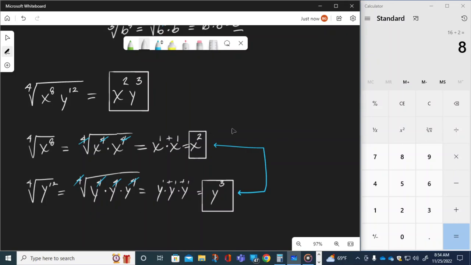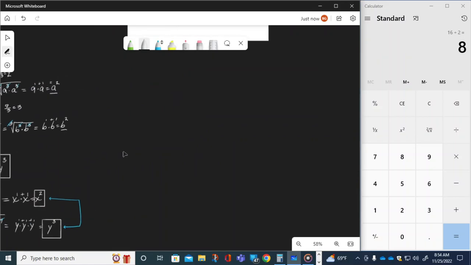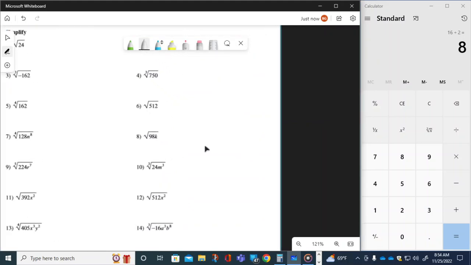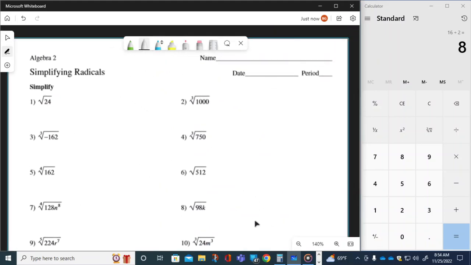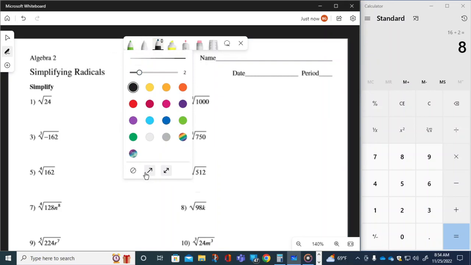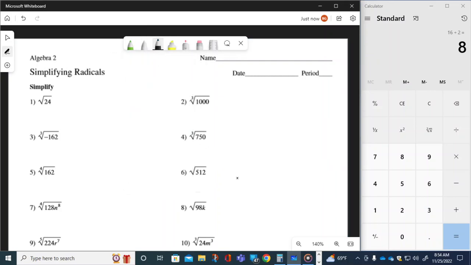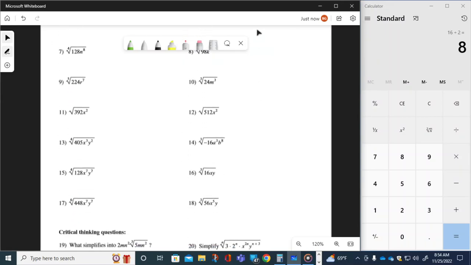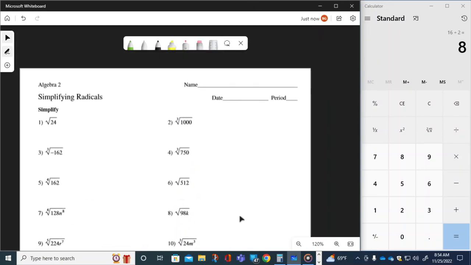Okay? All right, so let's talk about your classwork for today. At this point, you should have been given this paper, which corresponds to the second part of radicals or simplifying radicals. So let me pick a few of these. You got to do from 1 to 18, okay?